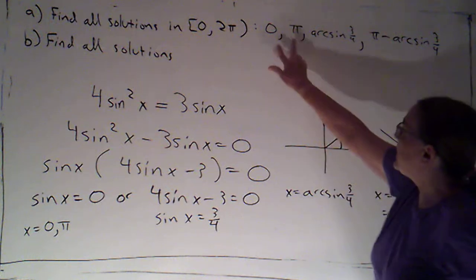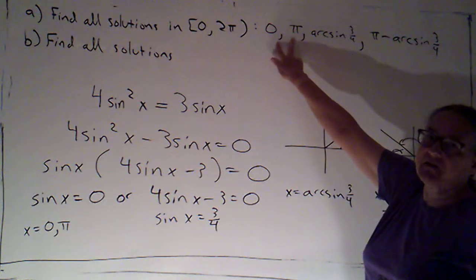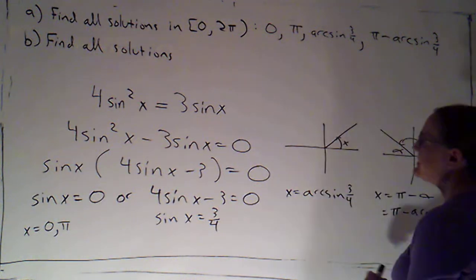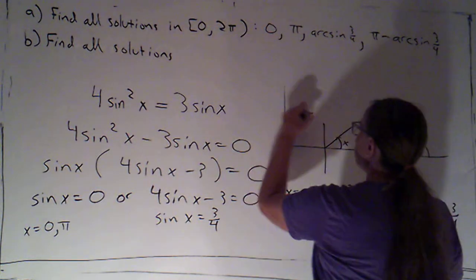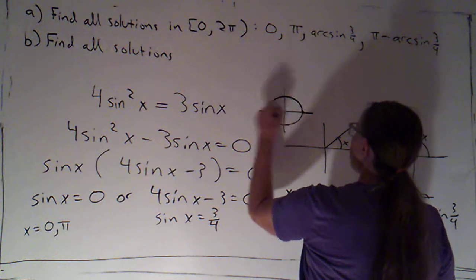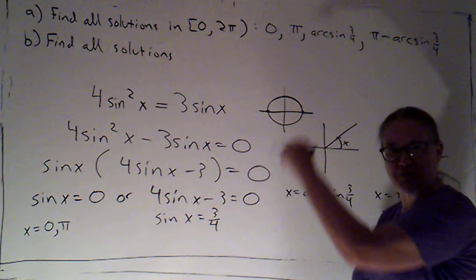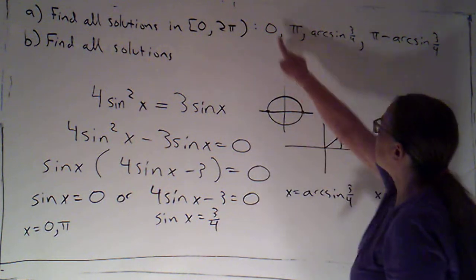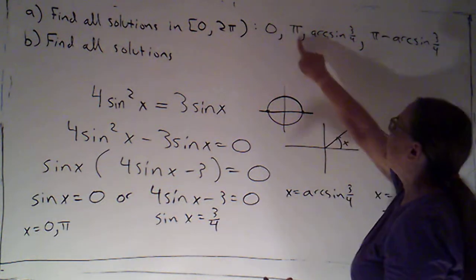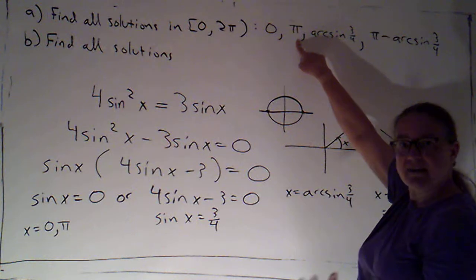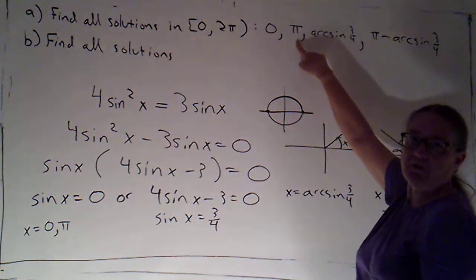I can, if I want, be clever and consolidate these. Notice that 0 and pi are exactly pi apart. When we looked at the unit circle, they were separated by half of a rotation. So essentially, if I add a multiple of 2 pi to this, I'm going to get even multiples of pi. If I add a multiple of 2 pi to this, I'm going to get odd multiples of pi.